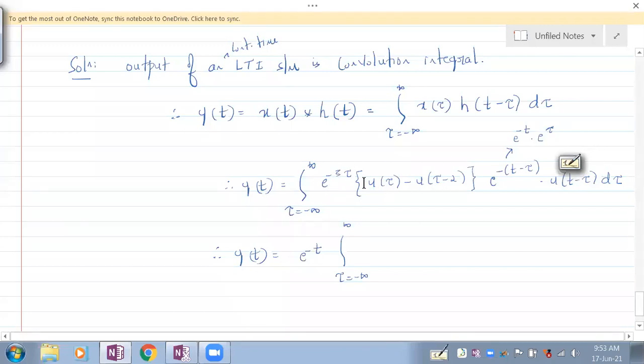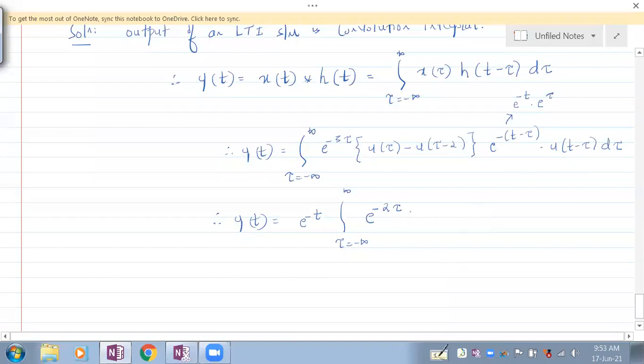If you just combine these two, you'll be left with what? e power minus 2 tau, because it would be e power minus 3 tau plus tau. So that's why it becomes e power minus 2 tau into u of tau minus u of tau minus 2 into u of t minus tau d tau.